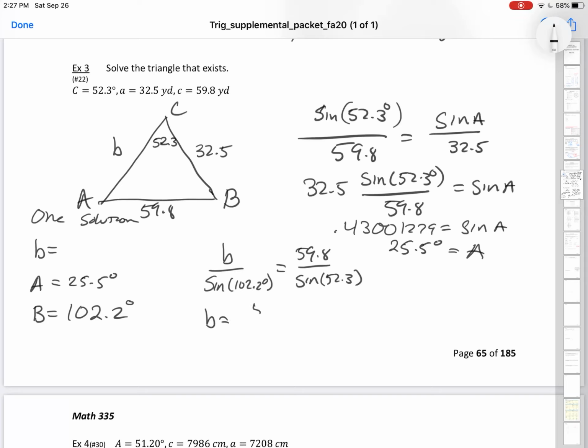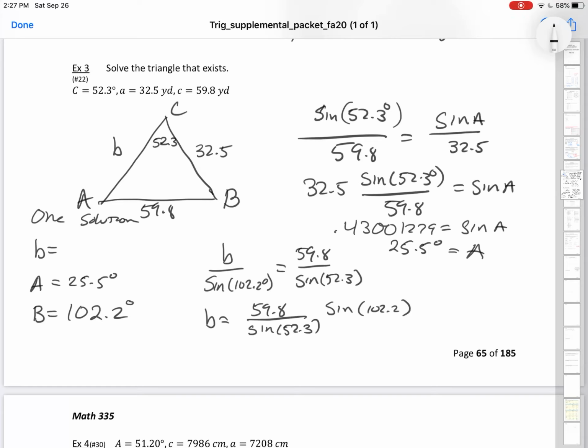Now I know B is simply 59.8 divided by sine of 52.3 times sine of 102.2. And that's just going to give me what my side length B is. So 59.8 divided by sine of 52.3 times the sine of 102.2.